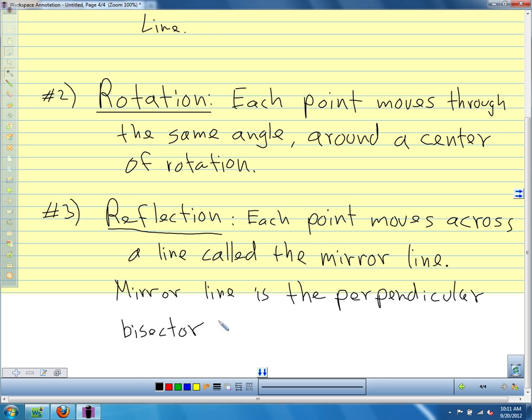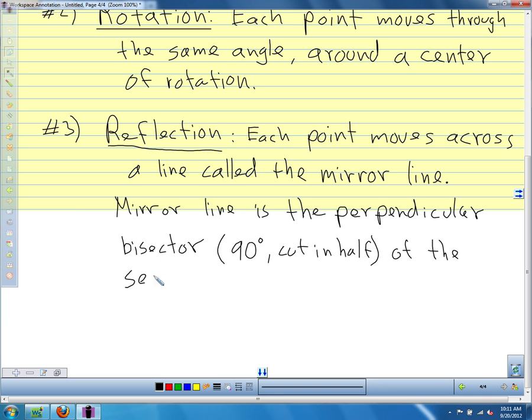Perpendicular bisector just means 90 degrees cut in half. So it made a 90 degree angle with the segment, and it cut that segment in half. It was a perpendicular bisector of the segment between the points. So the mirror line cuts that segment in half and it makes a 90 degree angle with it.